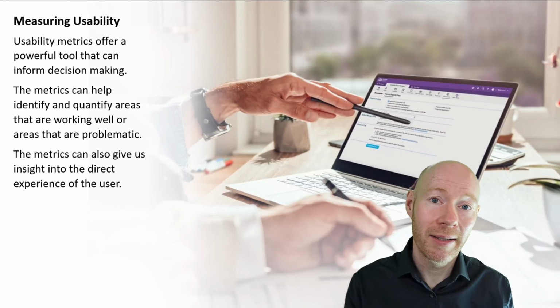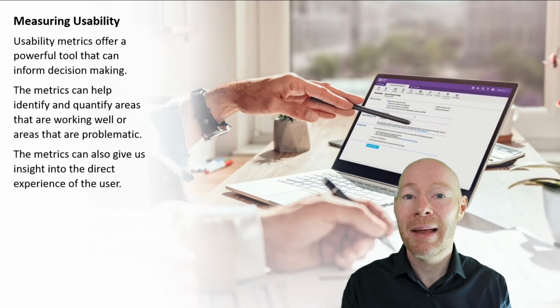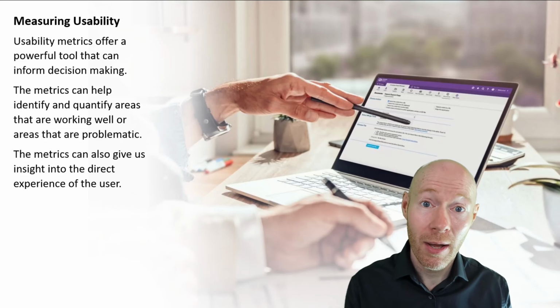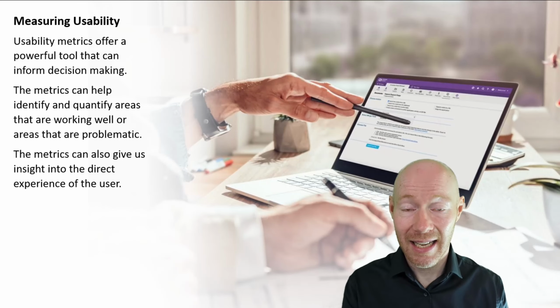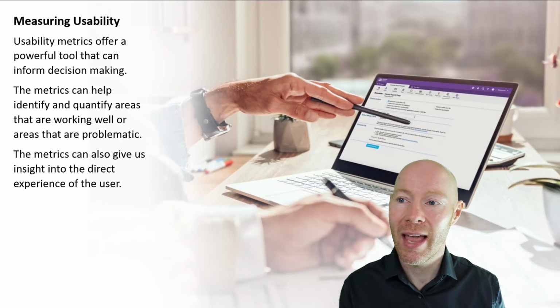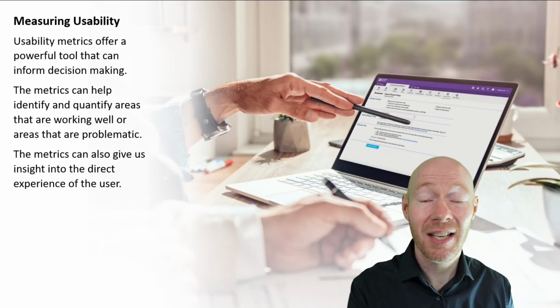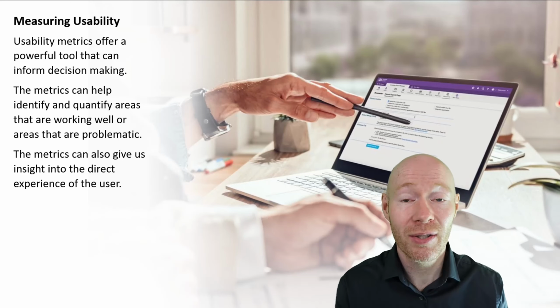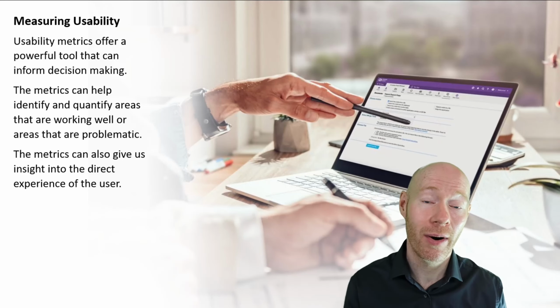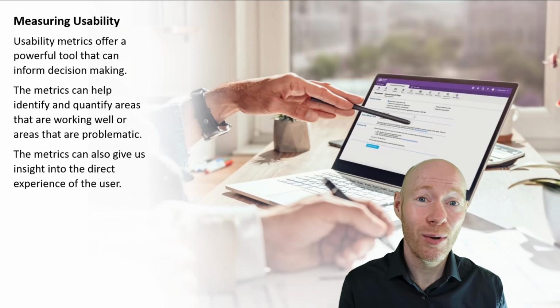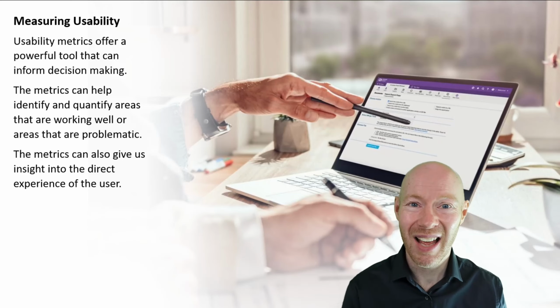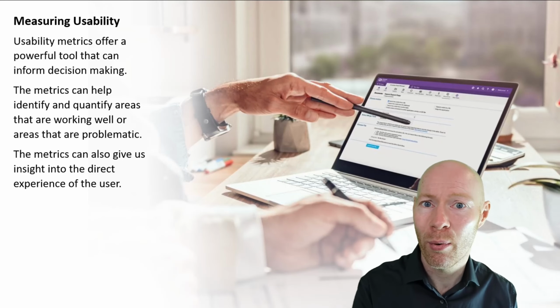If we do that, if we are measuring it, it means that we have powerful and informed data and tools that we can use then to enrich our decision making, enabling us to create better quality software, enabling us to offer our users a better experience. And that's fundamentally what we're all about.